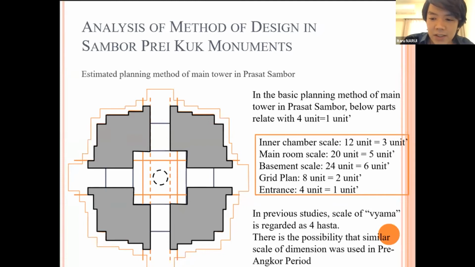In previous studies, the scale of Vimana is regarded as 4 hasta. So there is a possibility that a similar scale of dimensions was used in the Angkor period.